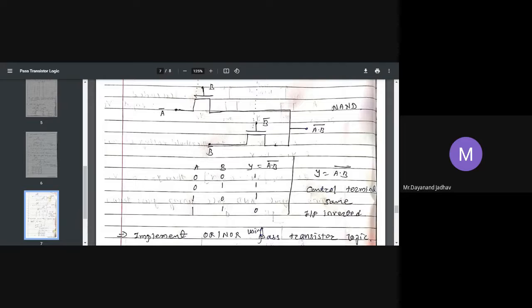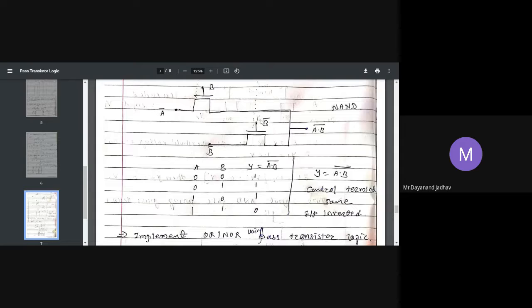Then for the last case, when we consider A equal to 1, B equal to 1, then A bar is equal to 0, B bar is equal to 0. Here B is equal to 1 so this transistor is on, therefore the bit A bar, which is 0, passes to the output, so the output is 0.